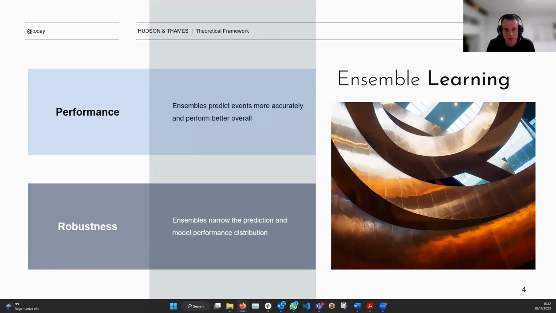And with regards to robustness, an ensemble narrows the prediction and model performance distribution. So that means an improved robustness and reliability in the model's average performance, which is another very important benefit, but probably not as well known as performance. So those are two reasons to apply ensemble learning, but you may occasionally prefer one or the other. That is something to keep in mind when you choose your ensembles, because later on we will see that some of our ensembles are better in performance, whereas others are more robust.